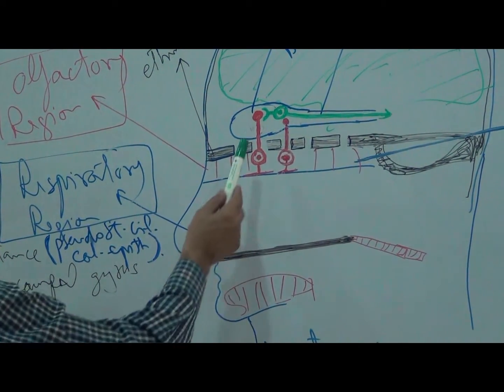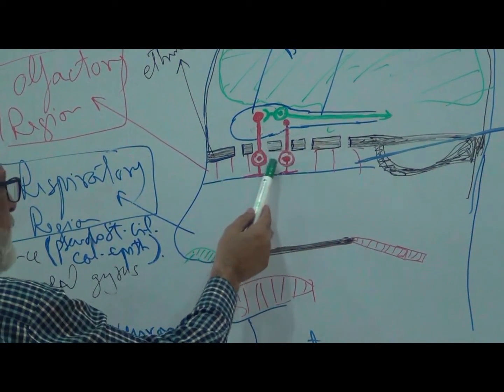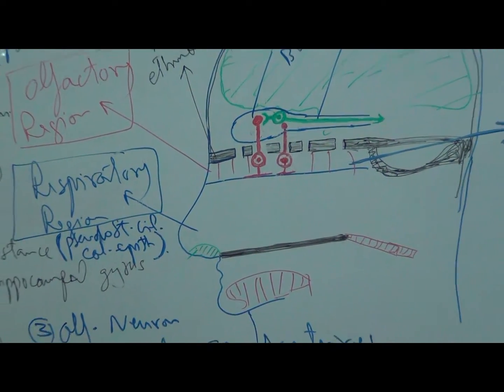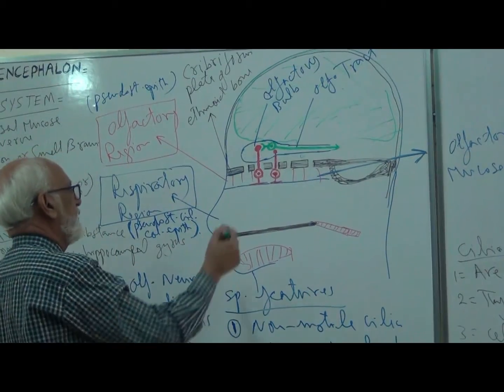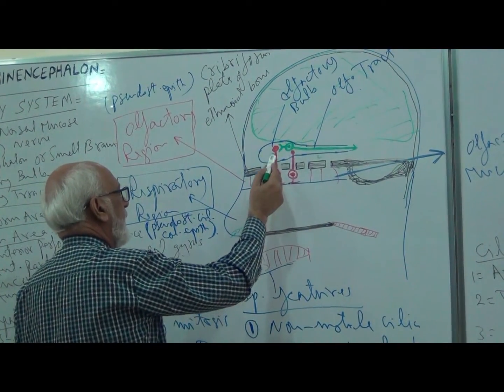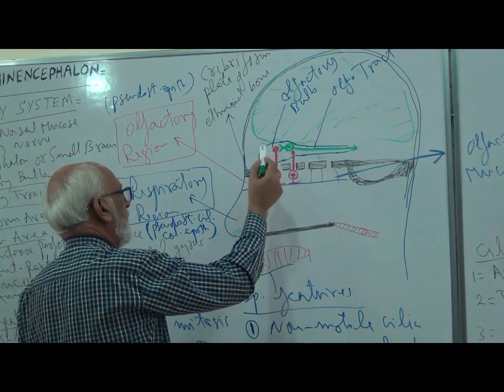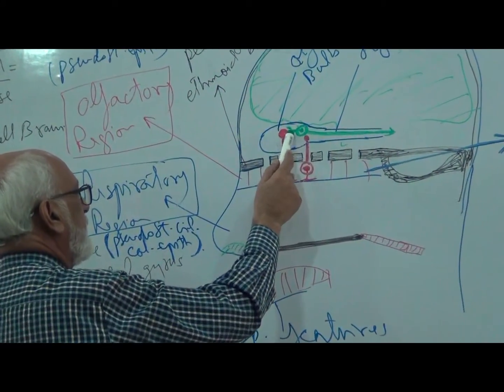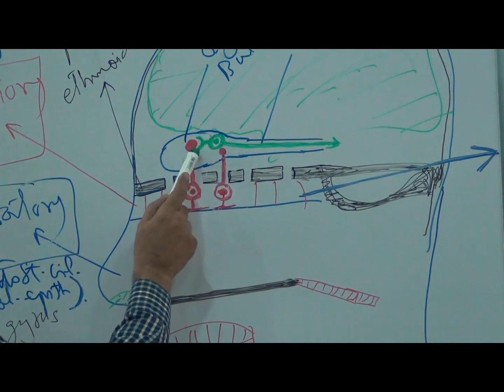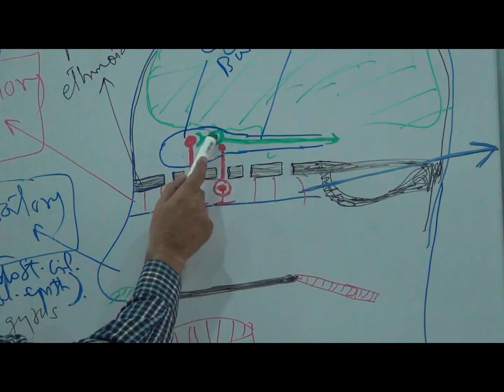So the olfactory nerves are axons of the olfactory neurons, which are embedded in the nasal olfactory mucosa. These axons enter the cranial cavity through the cribriform plate and enter the olfactory bulb, where they make synapses with another set of neurons, with the dendrites of these neurons in the olfactory bulb.